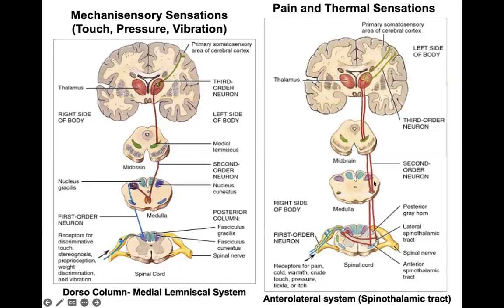However, the difference is where the neurons synapse: the first and second neurons synapse and cross to the other side. In this case, this track delivers the pain sensation and temperature sensations.